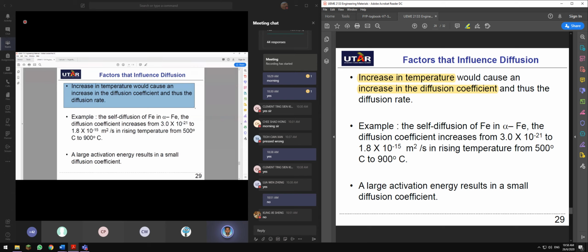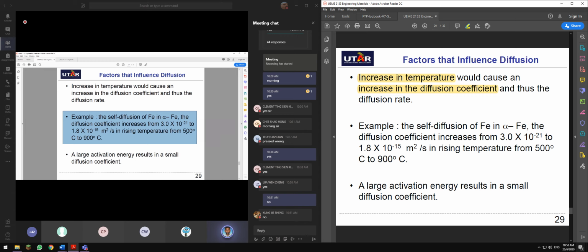For example, for the self-diffusion of iron in alpha iron, the diffusion coefficient increased from 3 times 10 to the power of -21 to 1.8 times 10 to the power of -15 with a rising temperature from 500 degrees Celsius to 900 degrees Celsius.